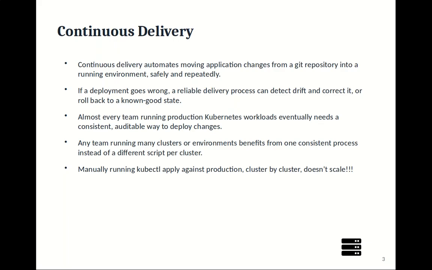Almost every team running production Kubernetes workloads eventually needs a consistent, auditable way to deploy changes. Any team running many clusters or environments benefits from one consistent process instead of a different script per cluster. Manually running kubectl apply against production cluster by cluster doesn't scale.